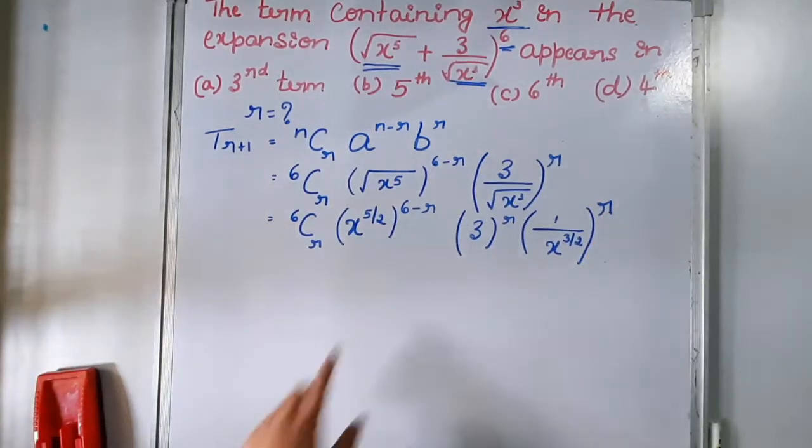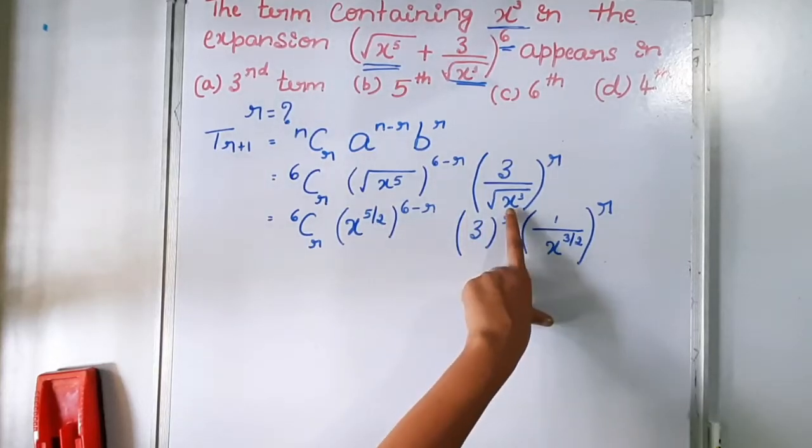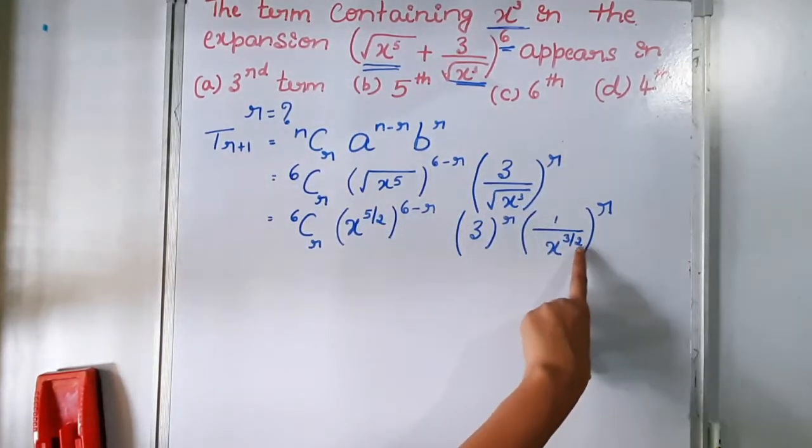Is this step clear? √x^5 can be written as x^(5/2), right? √x^3 can be written as x^(3/2).